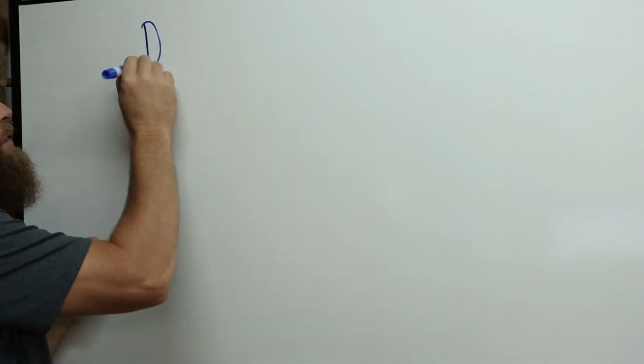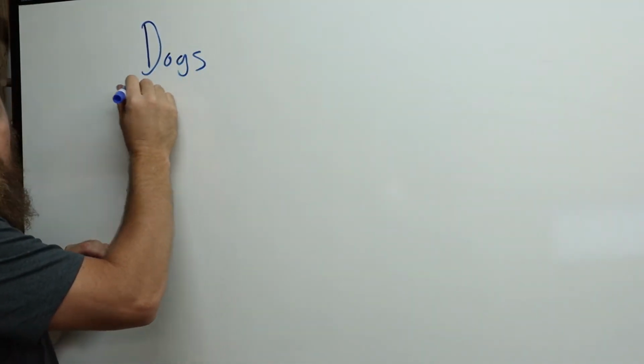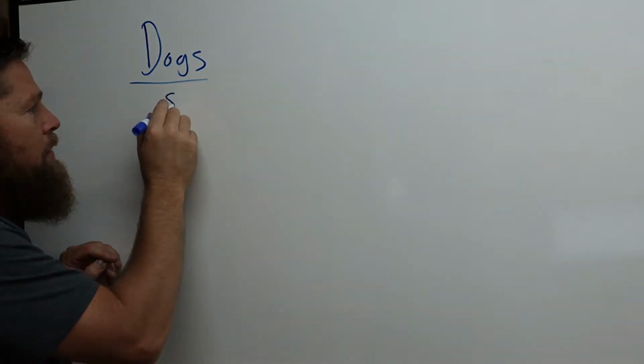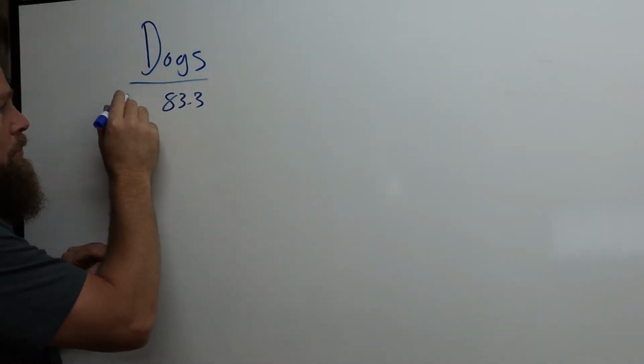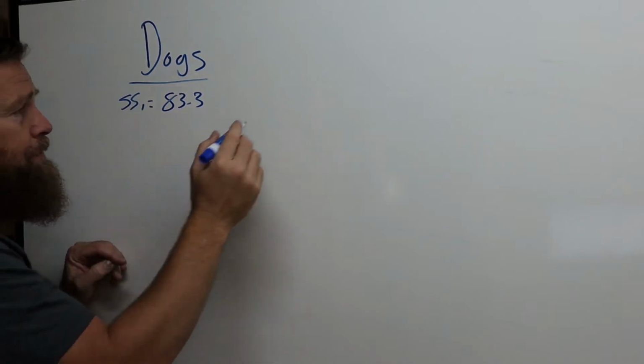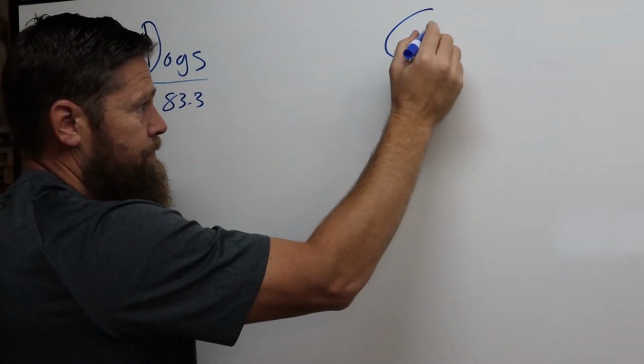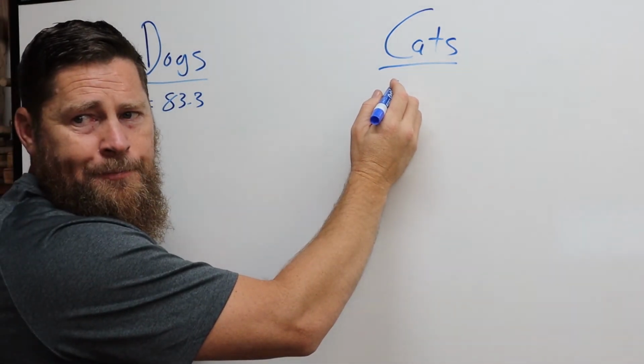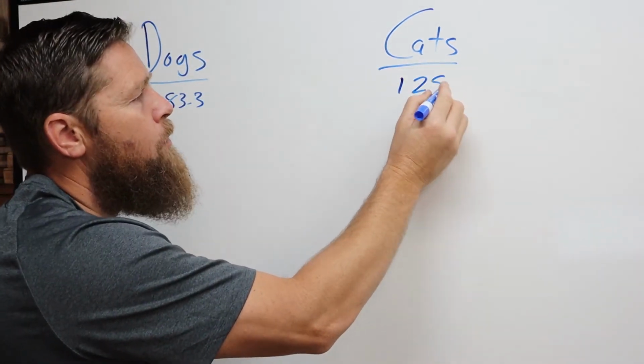And we're back. Okay, so I'm going to take those numbers that we just got for dogs, which was 83. That's the sum of squares for group 1. And cats, that was 125.